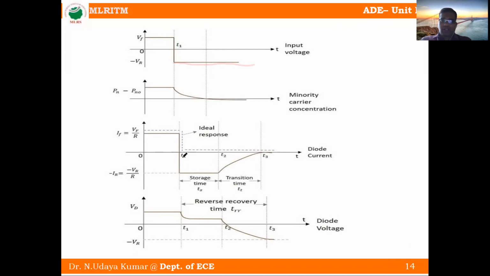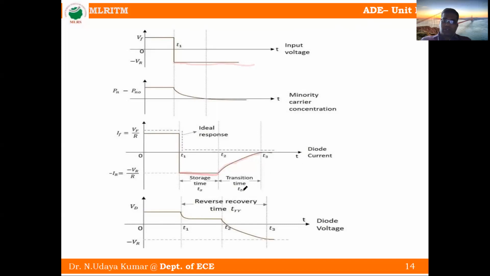See, this is the on. On the negative side, this is stable. Up to now it is stable. We call it storage time. There is no transient in between this point. So this time we call storage time. The diode is in on condition and also steady state. From here, the voltage changes. So this time is called transient time or transition time.